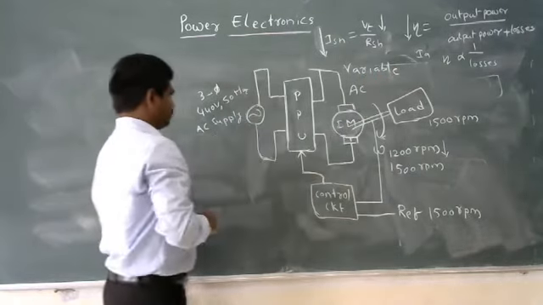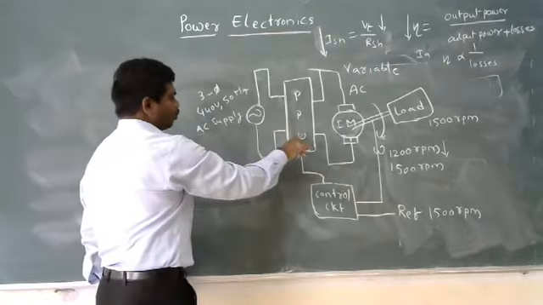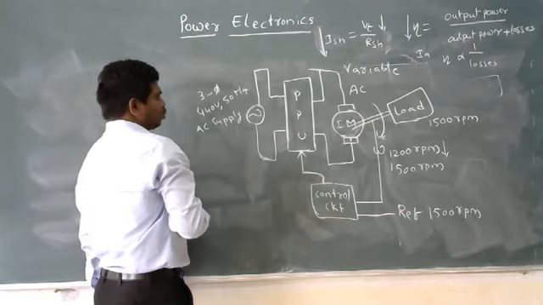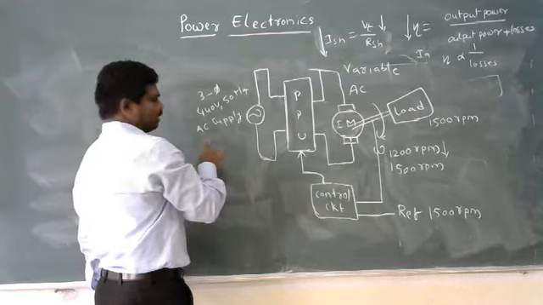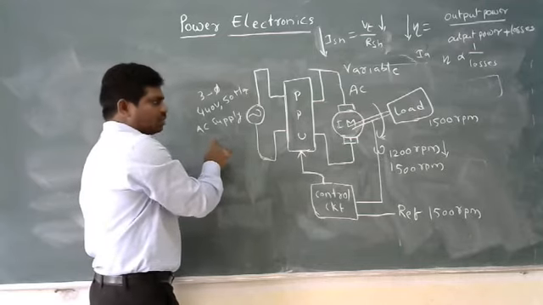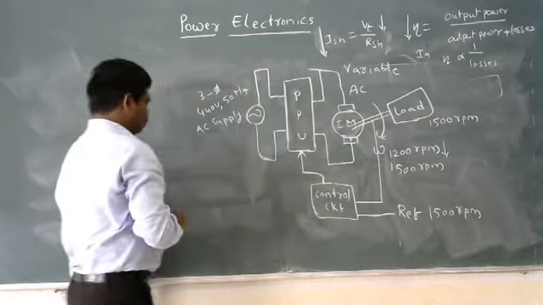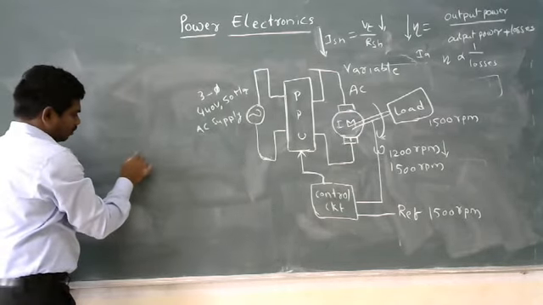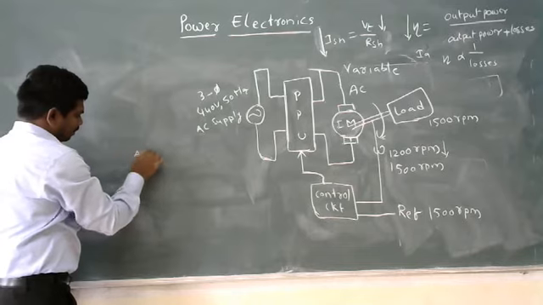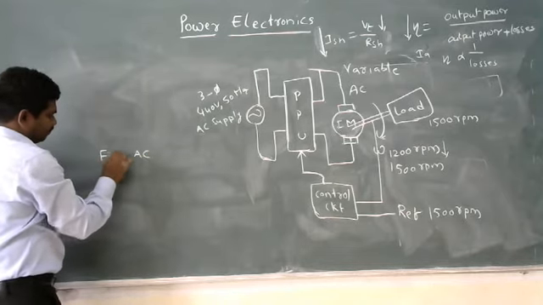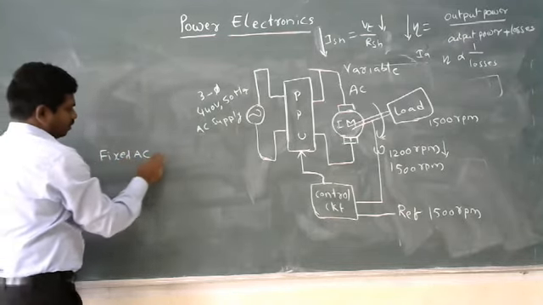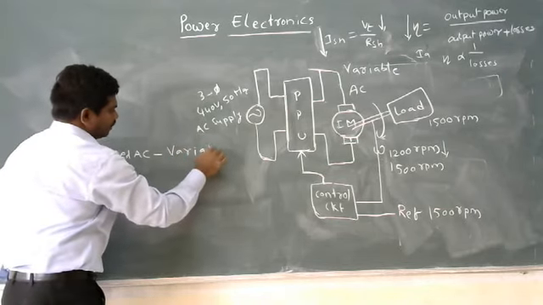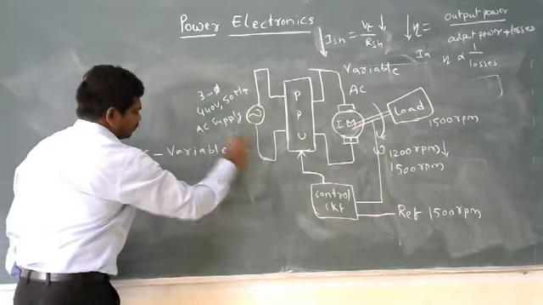Variable AC means what? The PPU, which we place in between the induction motor and source, is going to be converting that fixed AC values into variable AC values. Then we can say here is one power modulator called fixed AC into variable AC.